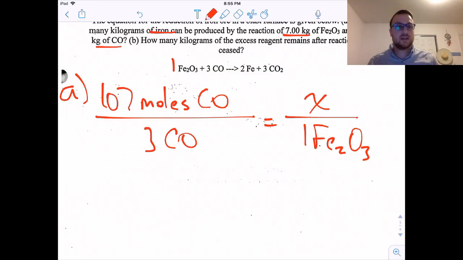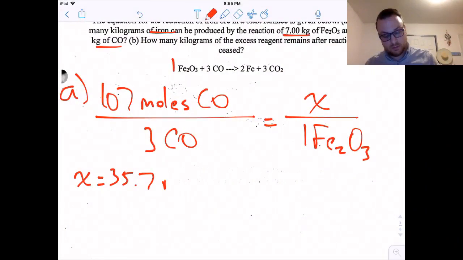They're in a 3-to-1 ratio, so all I'm going to end up doing is 107 divided by 3. You cross multiply and divide, and you get X is 35.7 moles of iron 3 oxide.